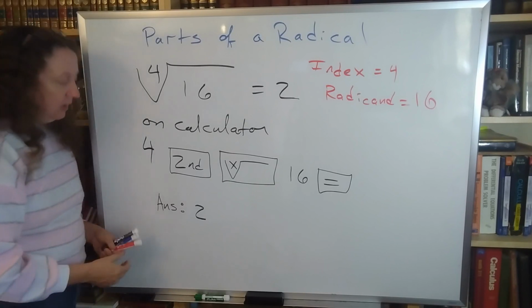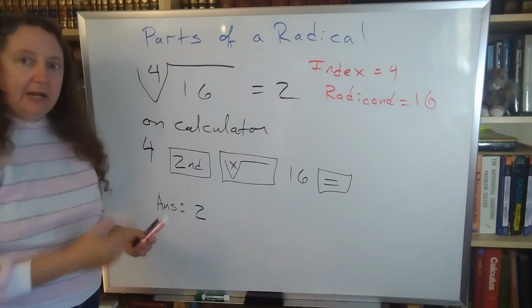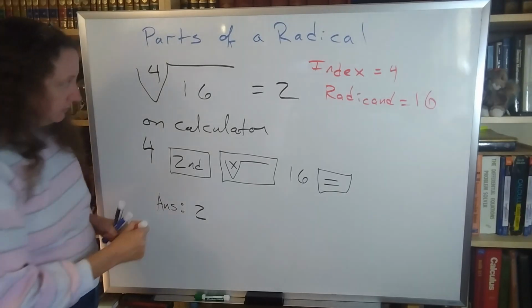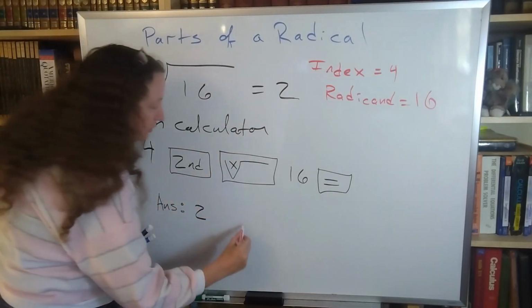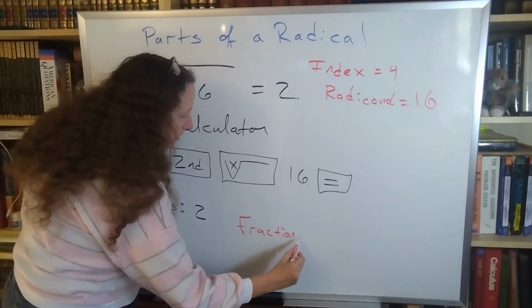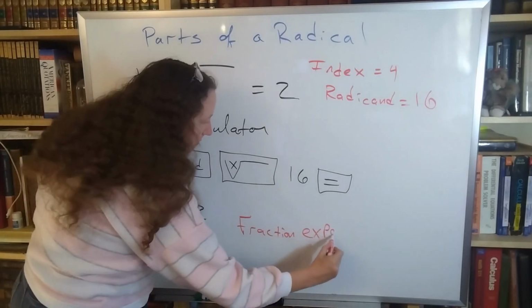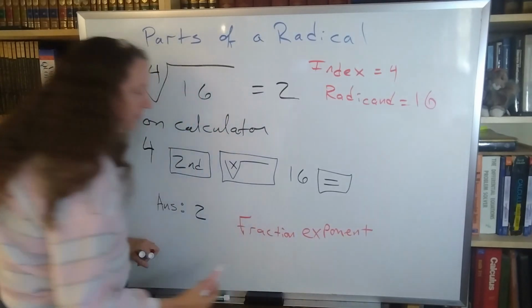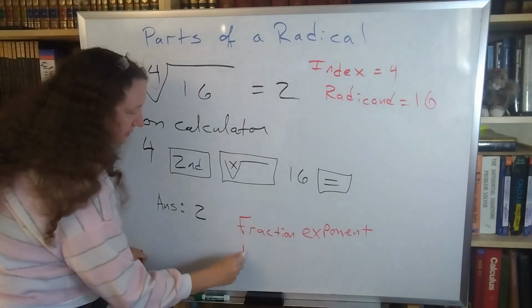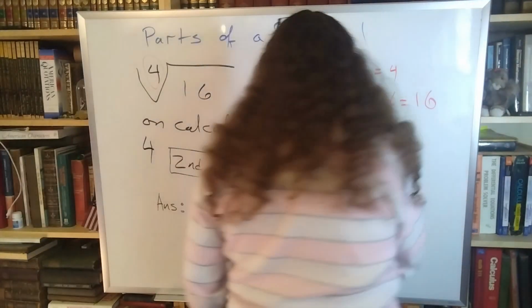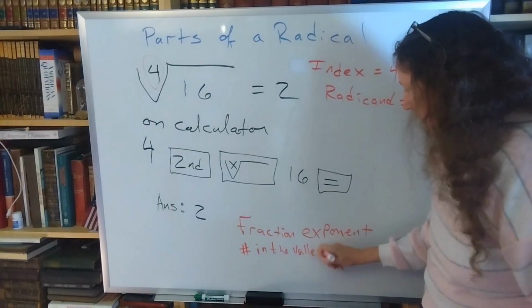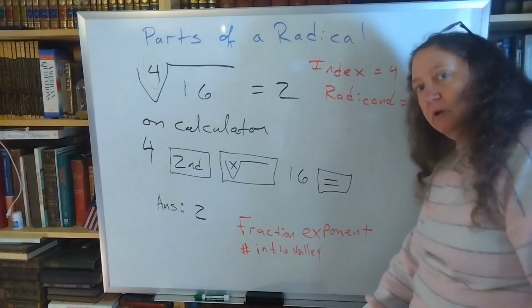Which then brings us to another way of writing these, which will be covered in more depth later on in this course. And that is as a fractional exponent. So whatever the number in the valley is gets written on the bottom of a fraction.